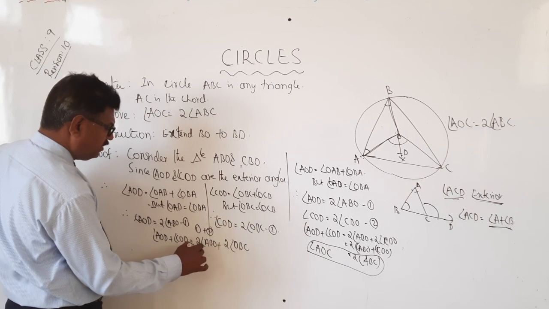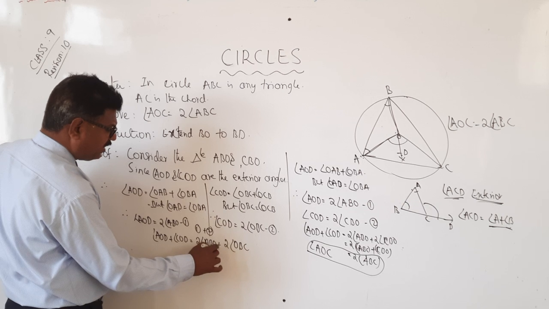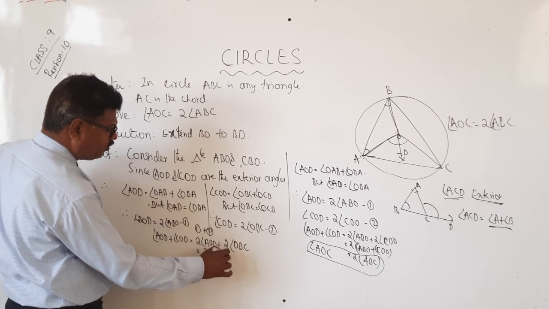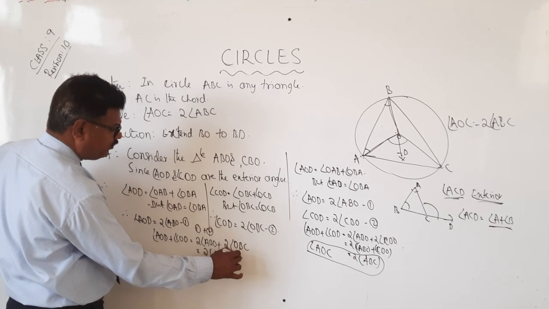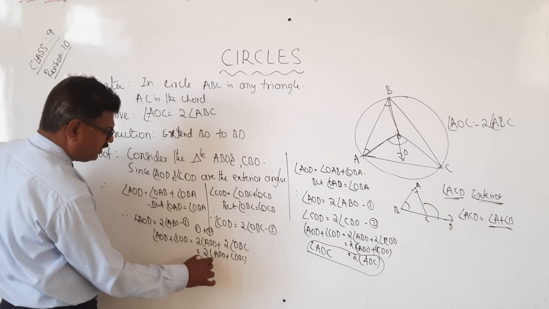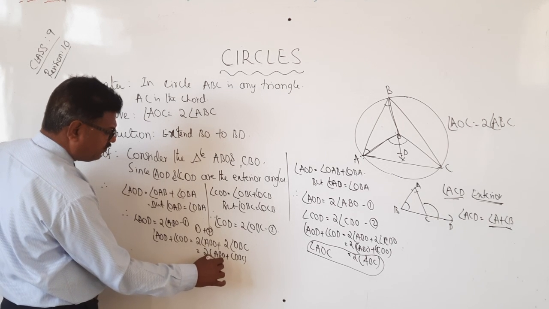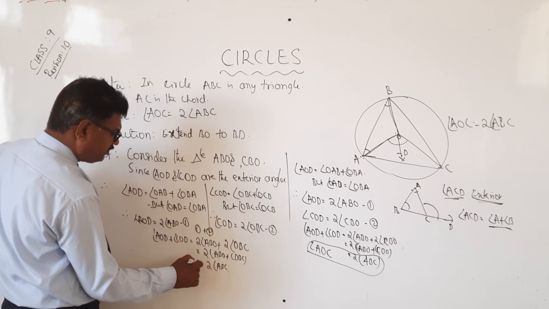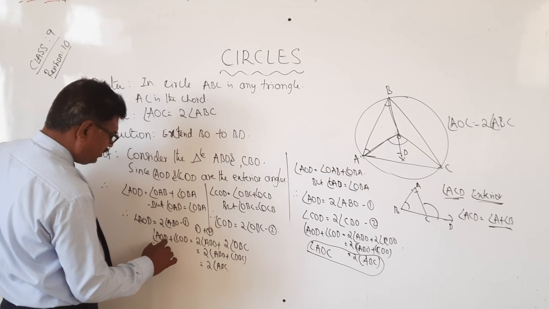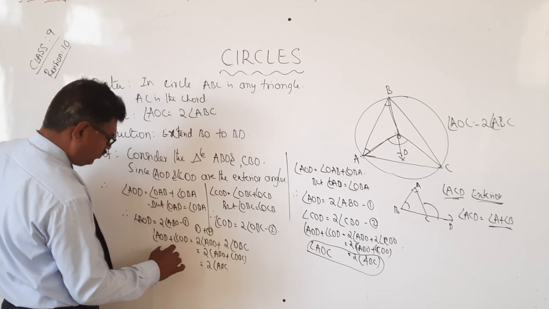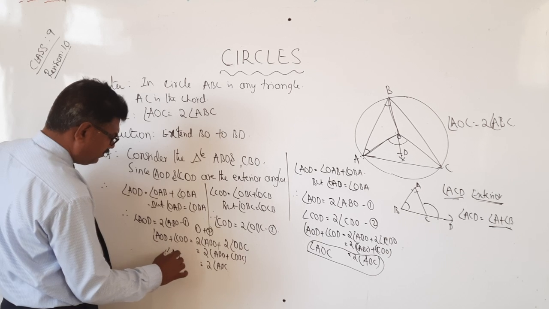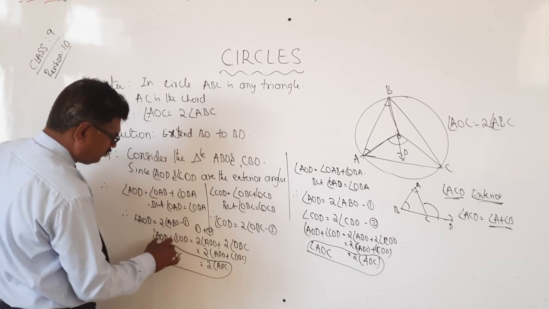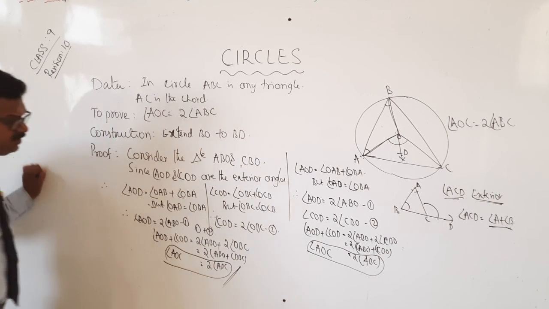If you take 2 common, ABO plus OBC, it is equal to 2 times angle ABC. Okay? Yes, this is equals to angle AOC.